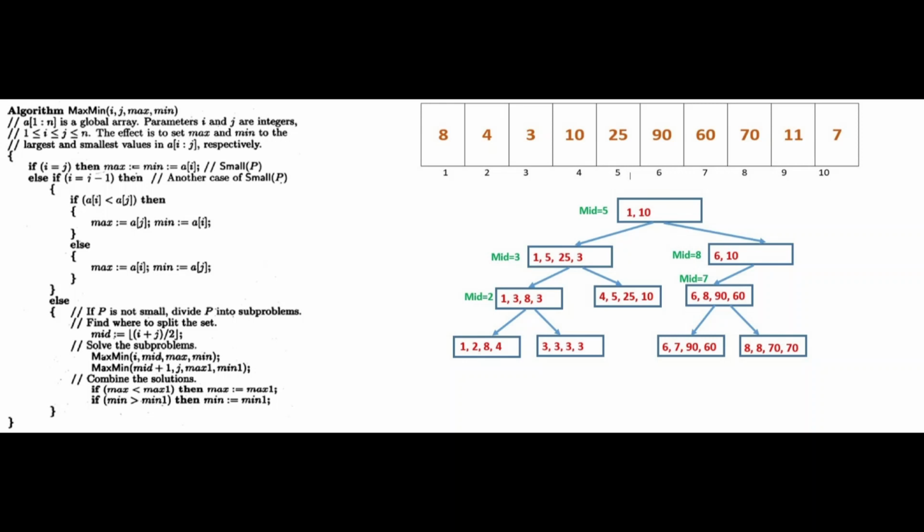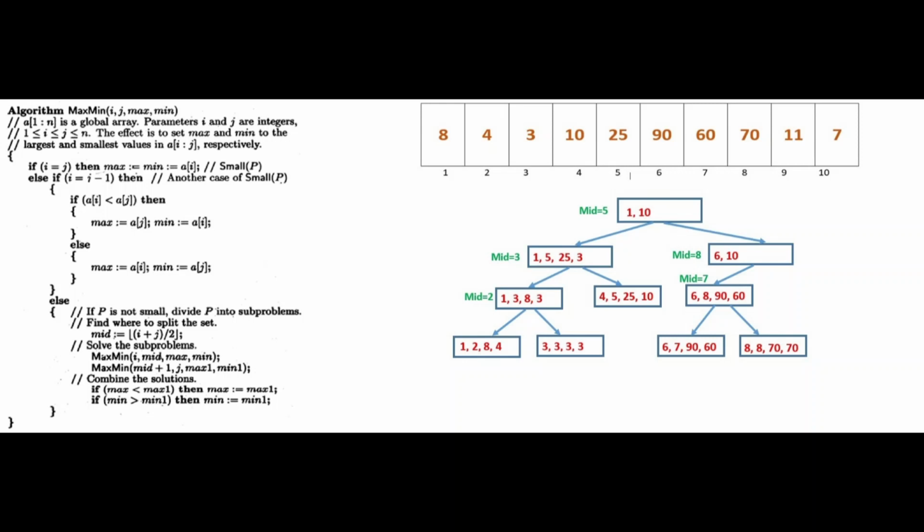So control returns back to its parent program, its parent algorithm. Its parent algorithm is the algorithm with mid equal to 8, or we can say it returns to its parent node with mid equal to 8 in the tree data structure.